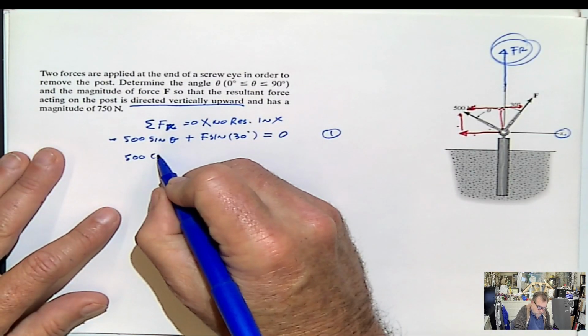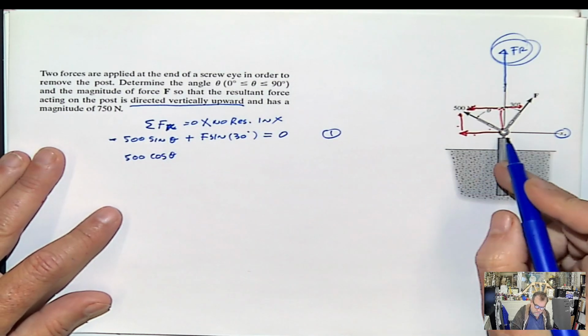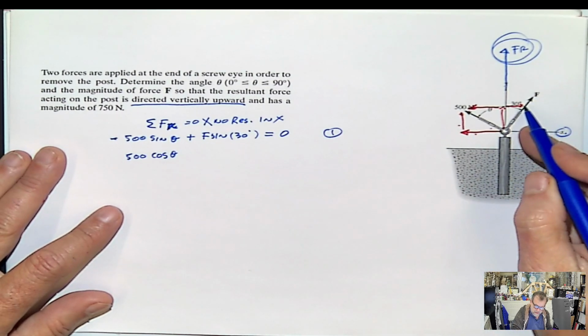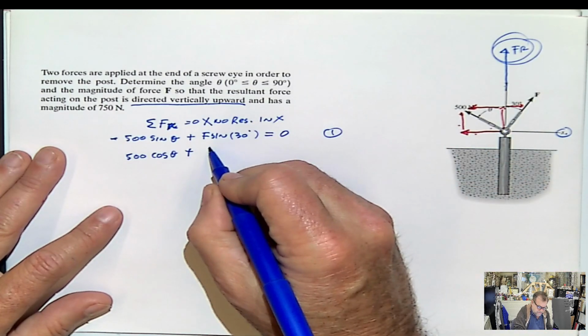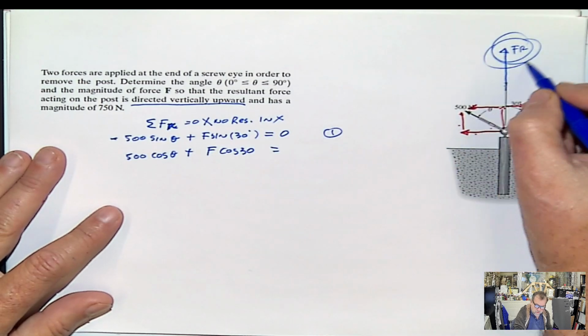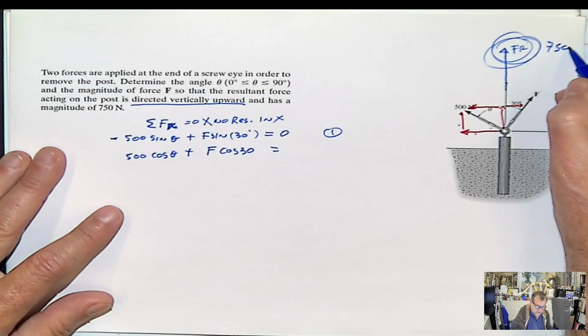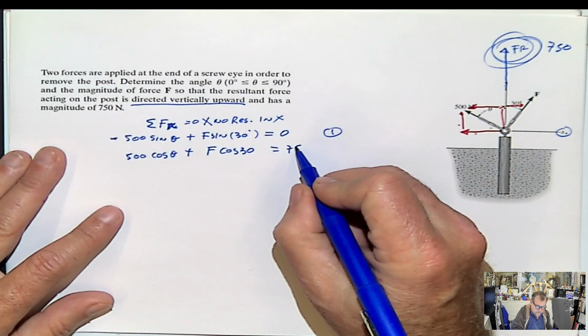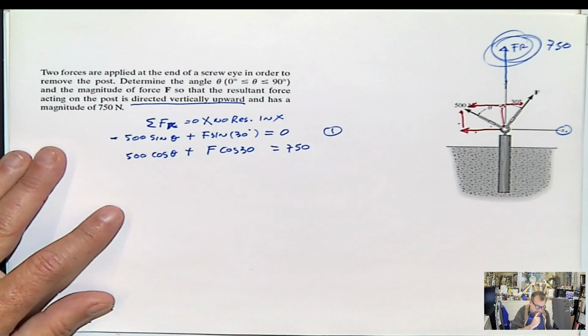So 500 cosine of the angle plus F cosine 30 has to be equal to this value, which is 750. And then I have a second equation here.